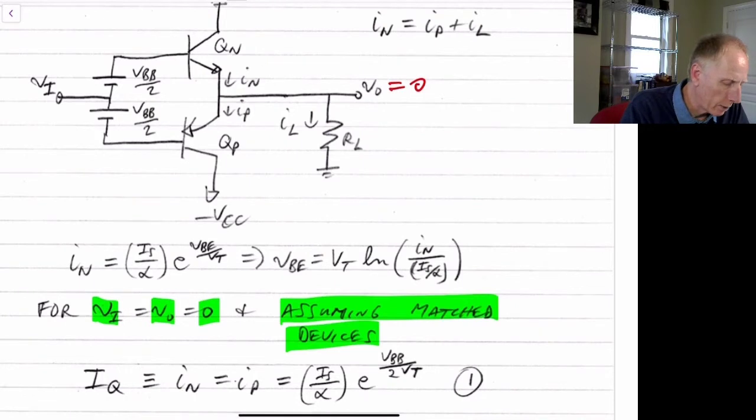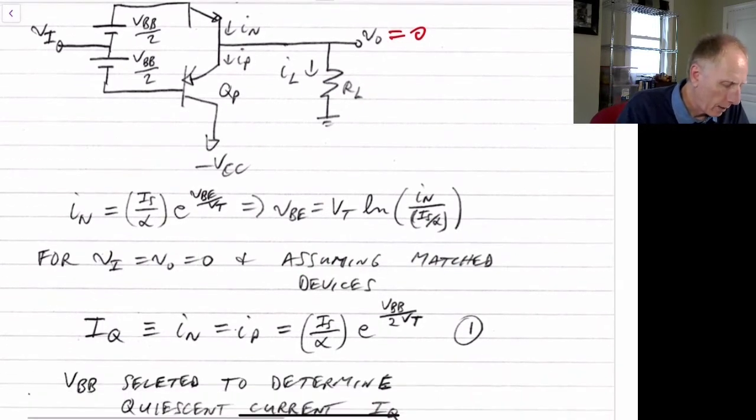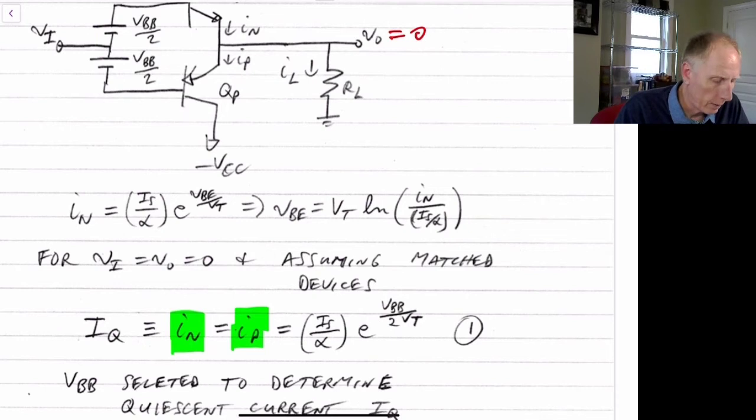The NPN matches the PNP. Then the current going through the emitter of the NPN will equal the current going through the emitter of the PNP, and that will be equal to what we will define as the quiescent current.